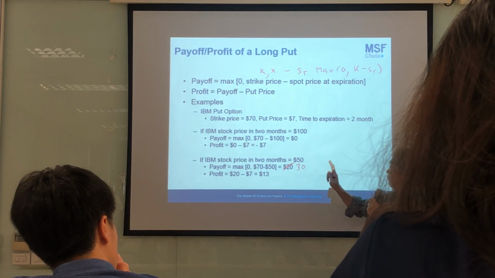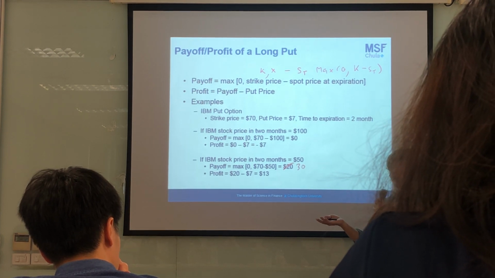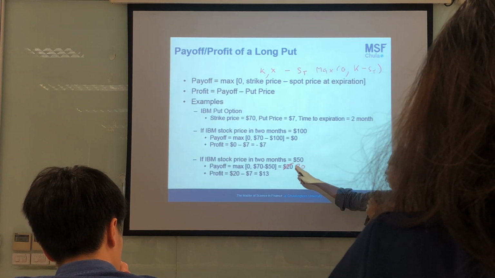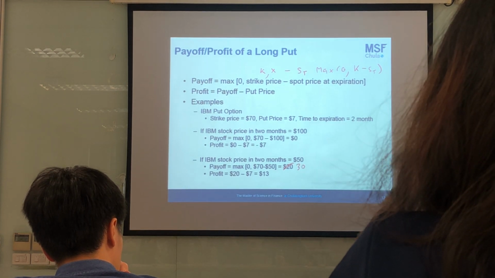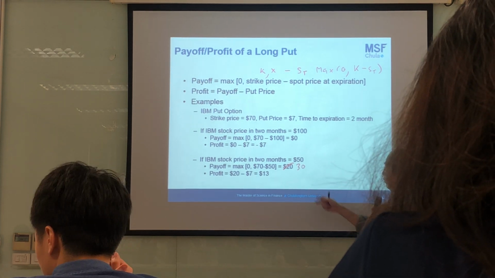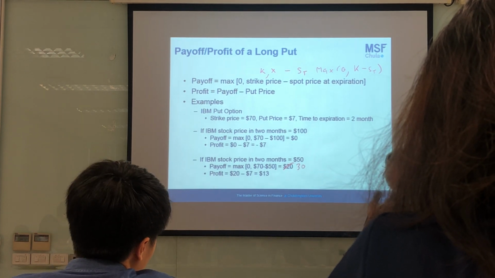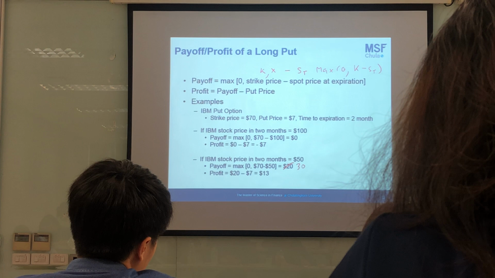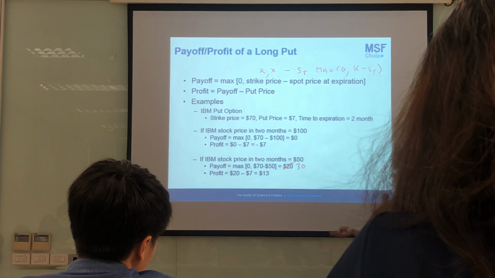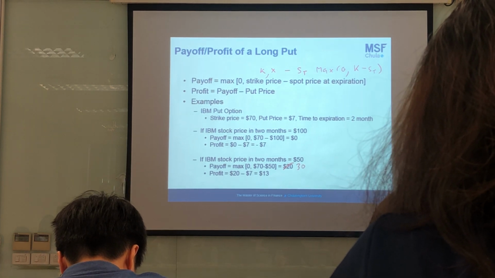So you have a loss of 20, but since we shorted at 30, you get a net profit of 10. So the value of the put must be equal to 20. If the put price is lower than 20, you can buy the put and exercise the option to get the arbitrage profit.